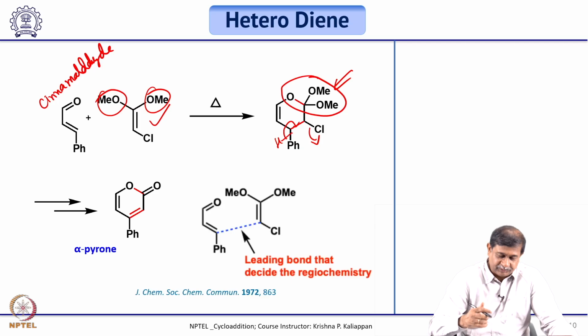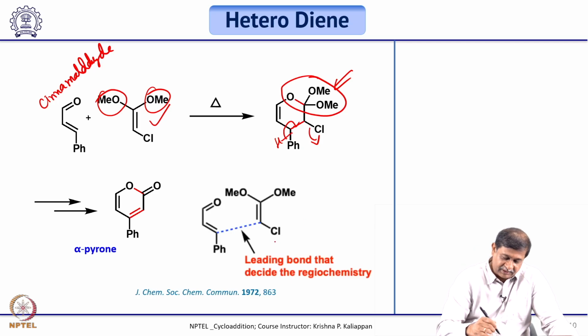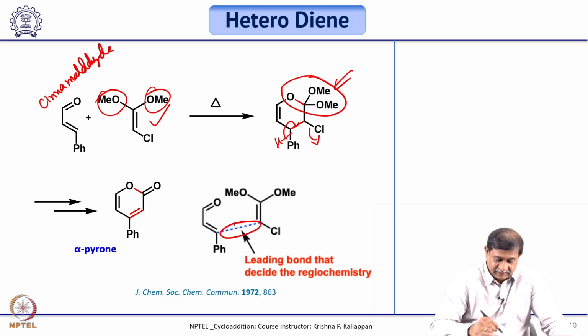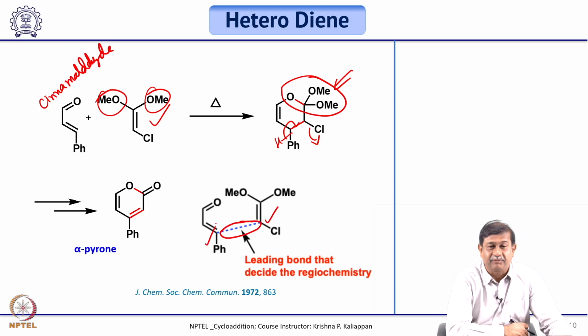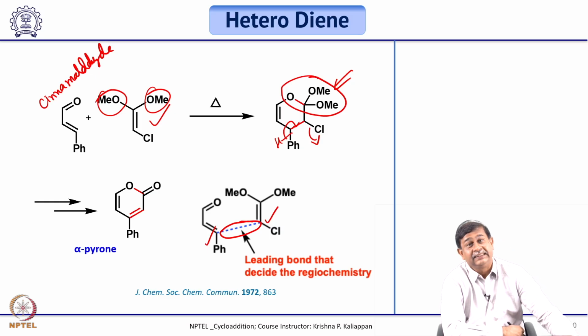Okay. So why this particular regiochemistry is formed? Because the first bond is formed between this carbon atom and this carbon atom. Okay. That determines the regiochemical outcome of this Diels-Alder reaction.